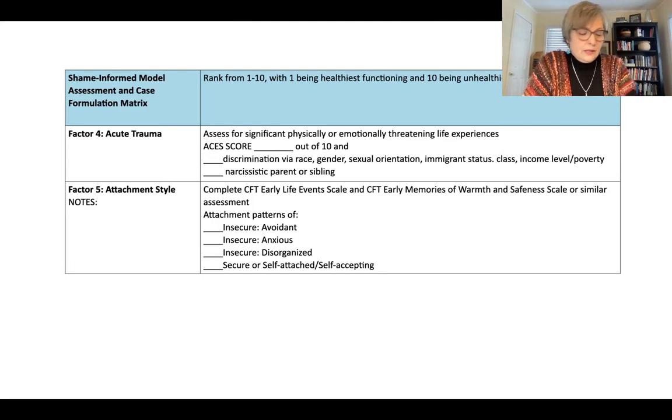And then attachment style. Again, lots of ways to assess for attachment style, adult attachment inventory on down. These are two compassion-focused therapy scales, early life event scale, and early memories of warmth and safeness scale. But there are many others. You're going to come away with some sense of whether this person is insecurely or securely attached, and then some rating of their avoidant, anxious, or disorganized attachment patterns.